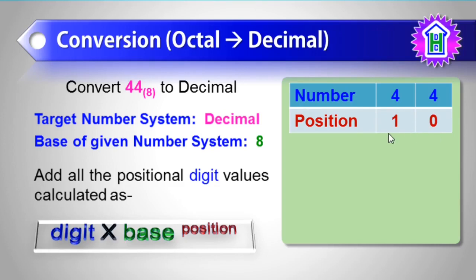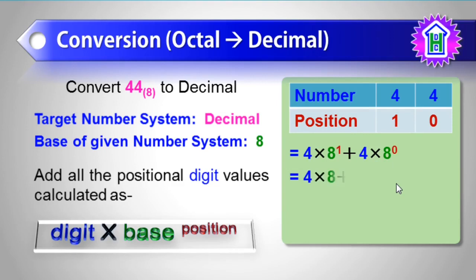So the calculation will be 4 into 8 to the power 1. Here 4 is the digit at position 1, 8 is the base of the octal system, and 1 is the position, to which 8 is raised. Similarly, the next digit is 4 and it will be multiplied with the base of the octal system, which is 8, raised to the power of the position, which is 0.